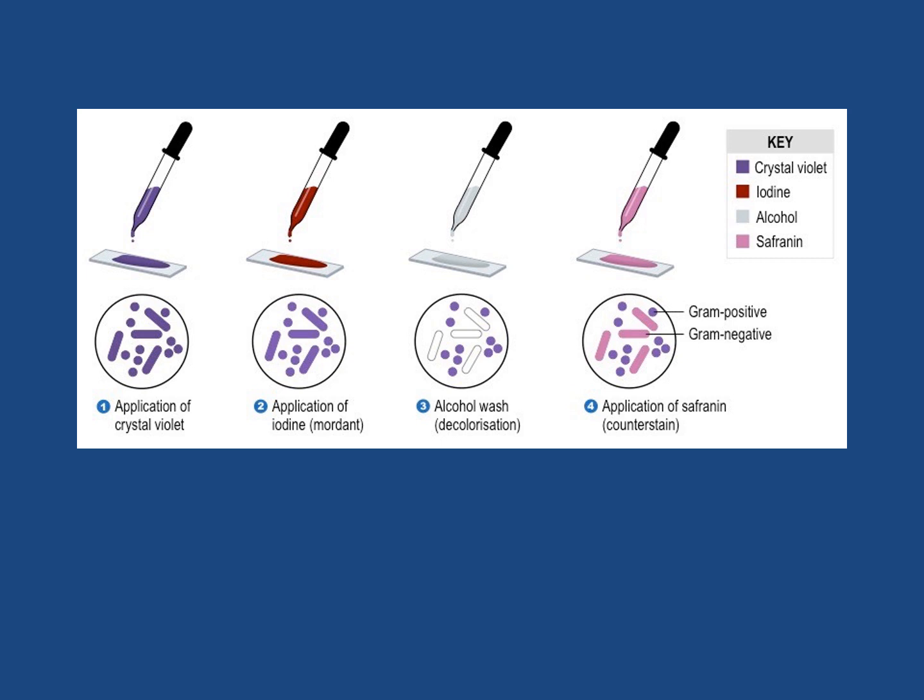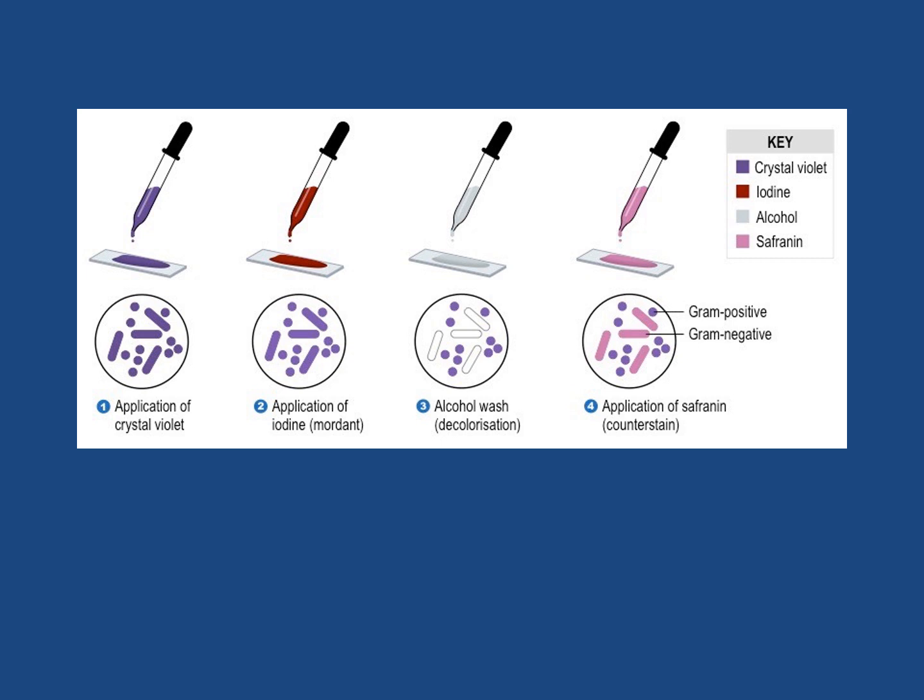At this point, all cells would still look purple. And then when you add the alcohol, what this is doing is a decolorization step, and you'll notice that some of the cells will remain purple, but others become colorless. It would actually be your gram negatives that lose the purple color. The gram positives remain purple in this 3rd step.